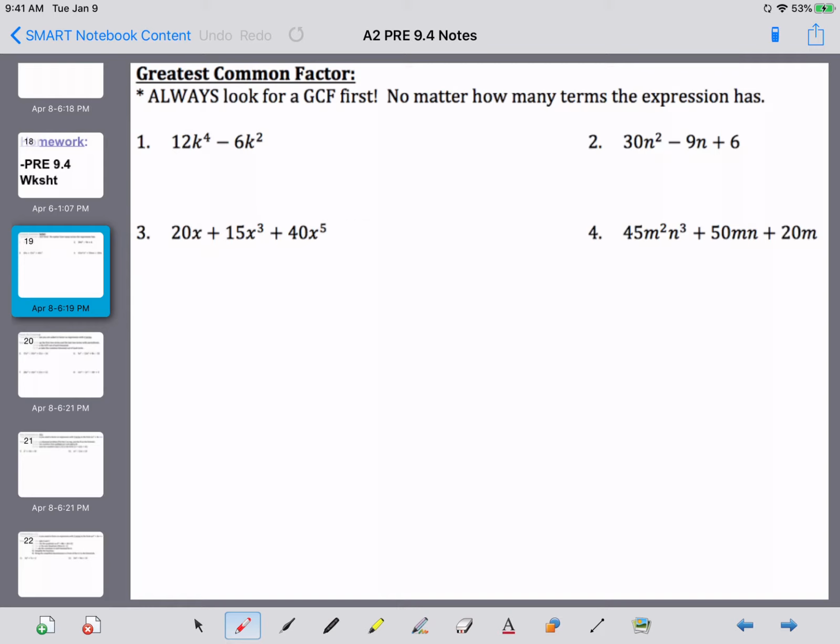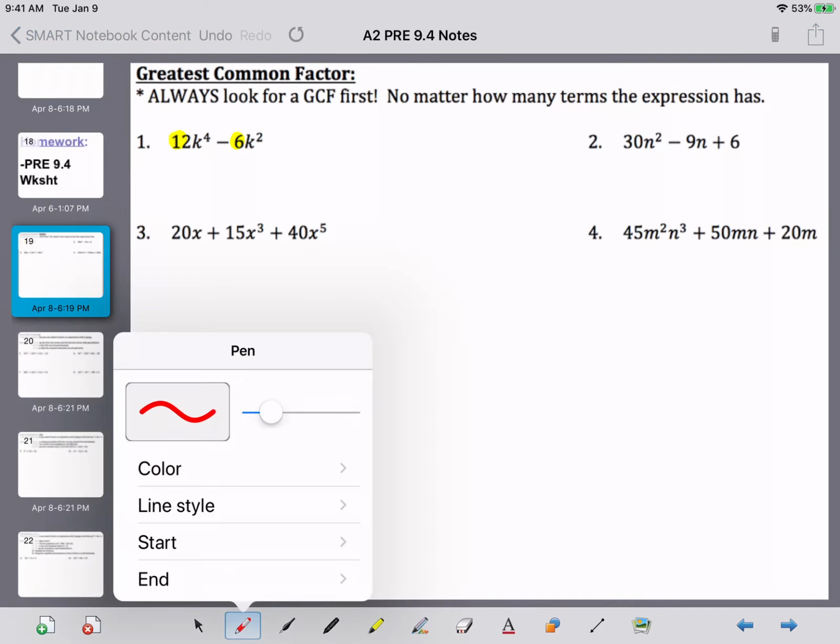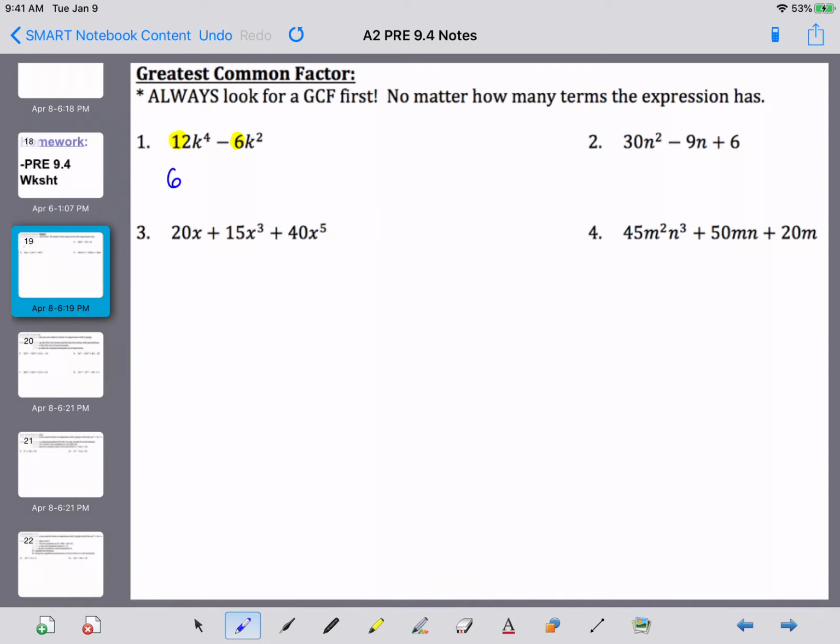When I look for a GCF, I always look at the biggest number that both the coefficients are divisible by. With 12 and 6, I know that both of those are divisible by 6. So if I divide each of those by 6, I'm just taking a 6 out. And then the lowest power is always what you can take out as far as the variable goes.